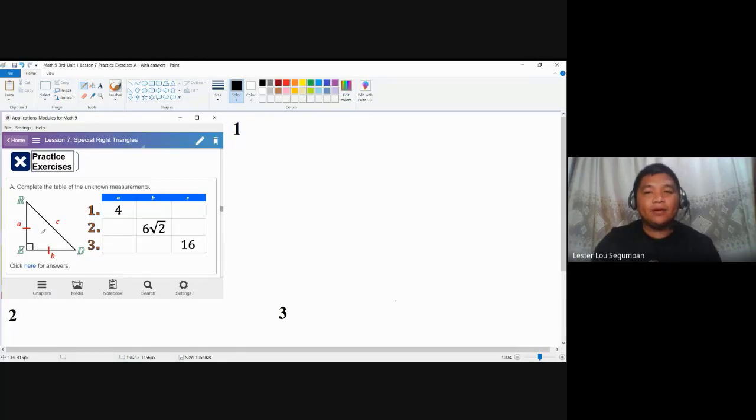This is actually an isosceles right triangle, where the legs of this triangle are equal, and that would mean that the base angles are also considered to be equal.